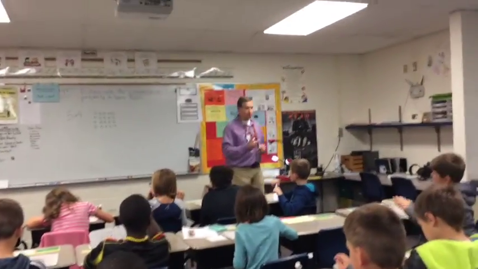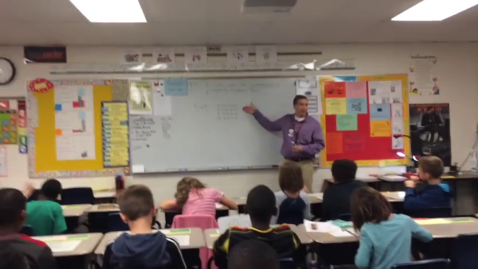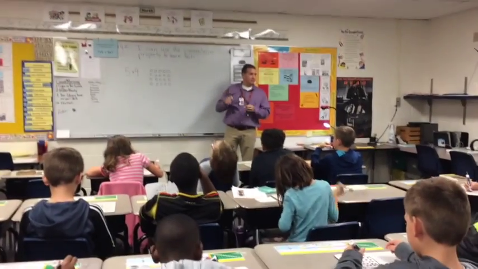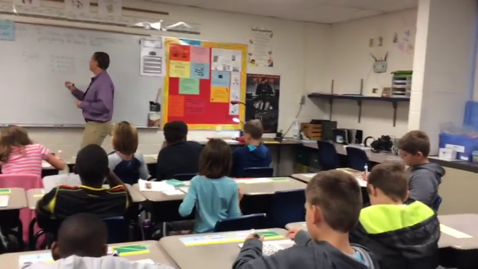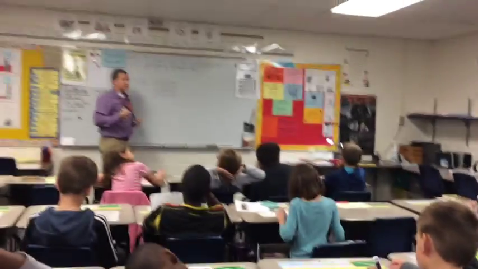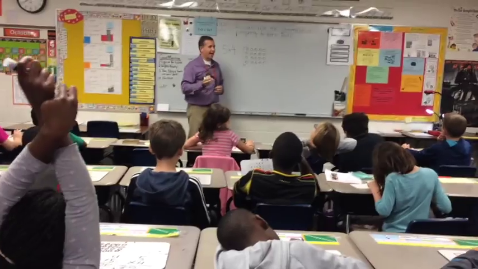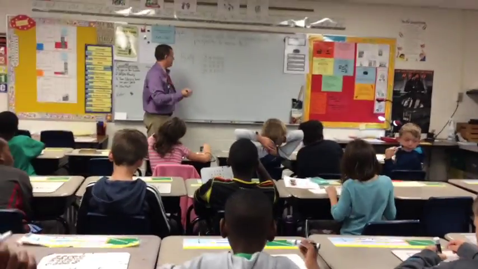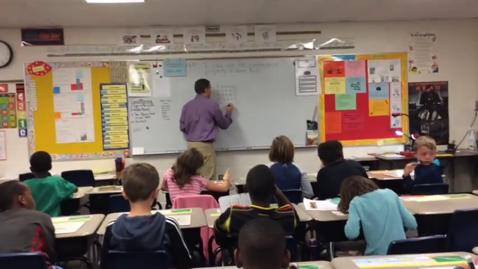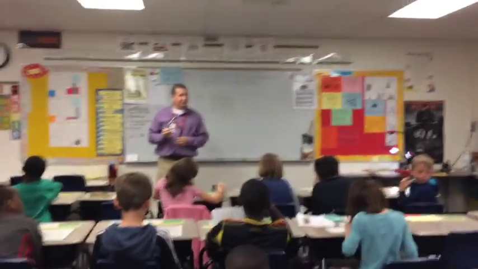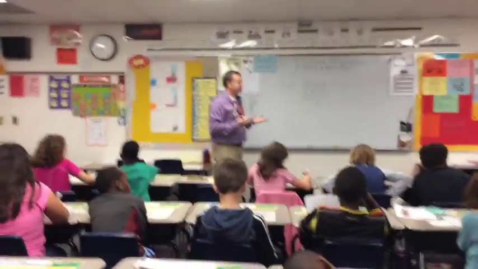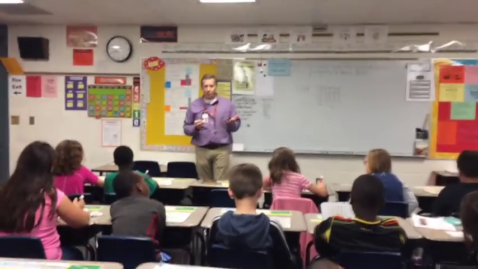Okay, so Joseph, how many dots do you have going down? What do you have going across? Okay. So those are your 2 numbers, and you can use it both ways. And if you don't know the fact, you just count the dots.